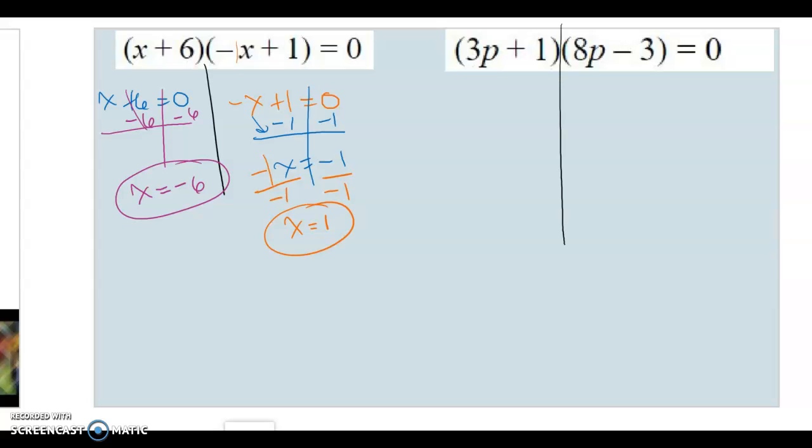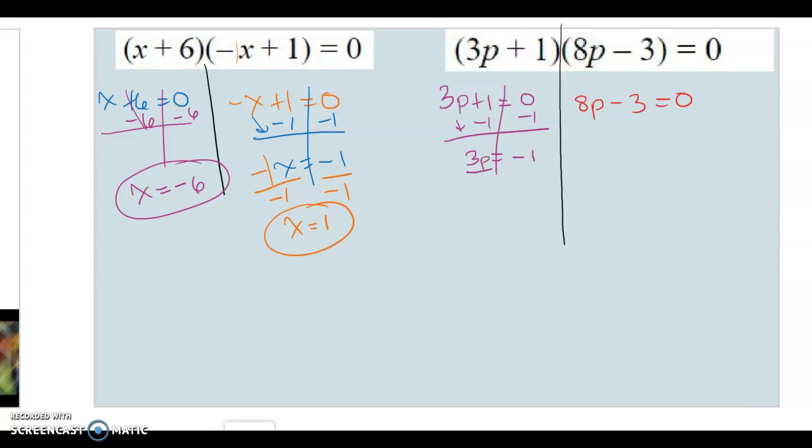Remember, we're going to set each parenthesis equal to 0. Now if they weren't in parentheses, which you'll see in our next example, you have to turn it from standard form into factored form, which again, this is factored form. So I'm going to subtract my 1. I get 3p.